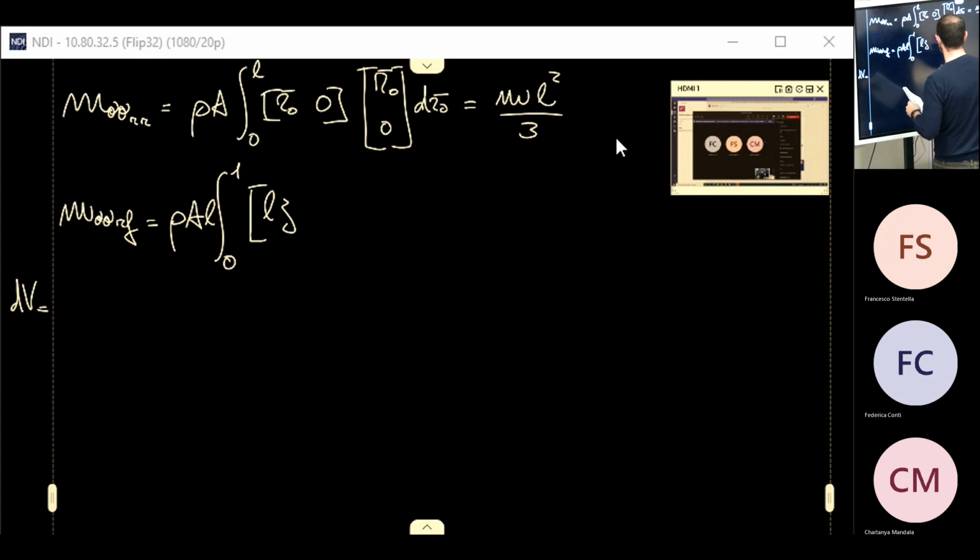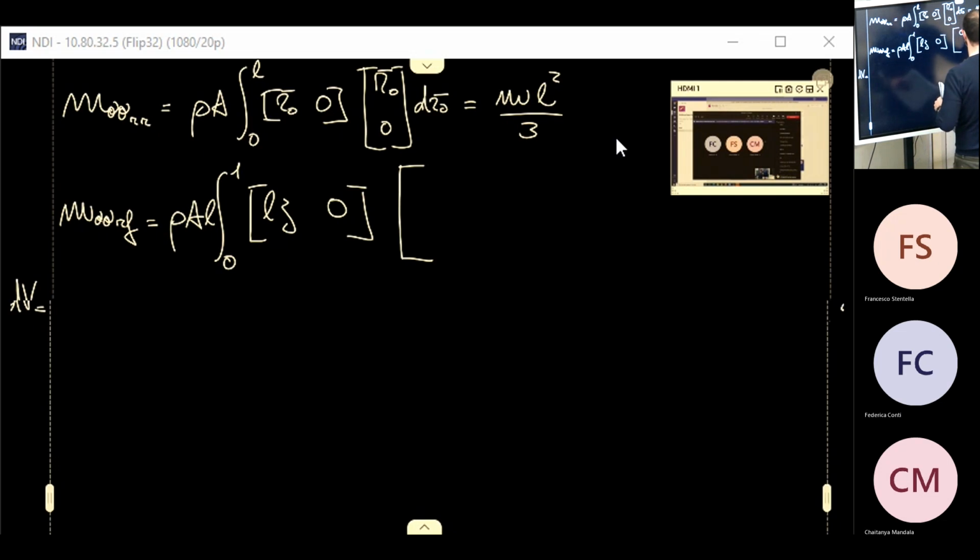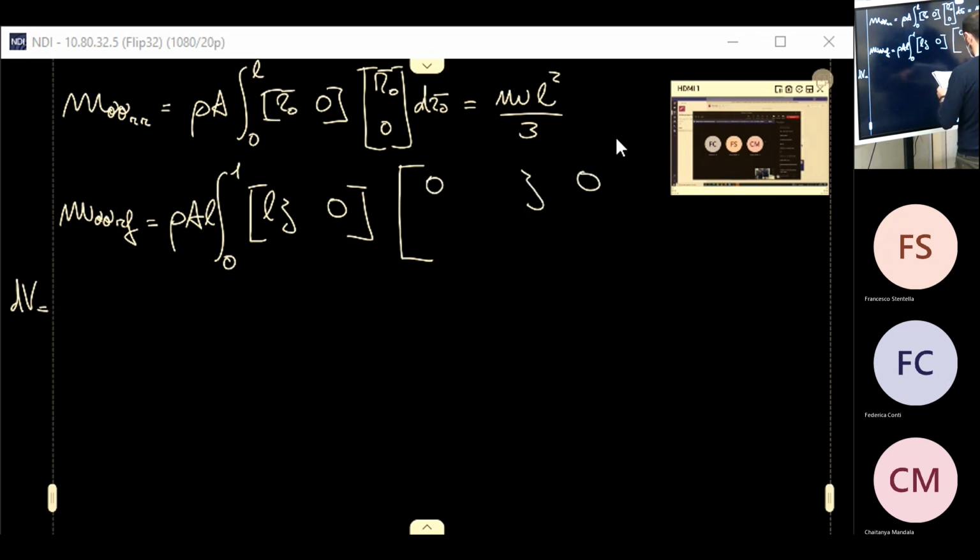On the other hand, here you have 0. And then you have the shape matrix 0, C, 0. Here you have, so let's write it like this. C minus 2 C squared to the third, and you have 0.